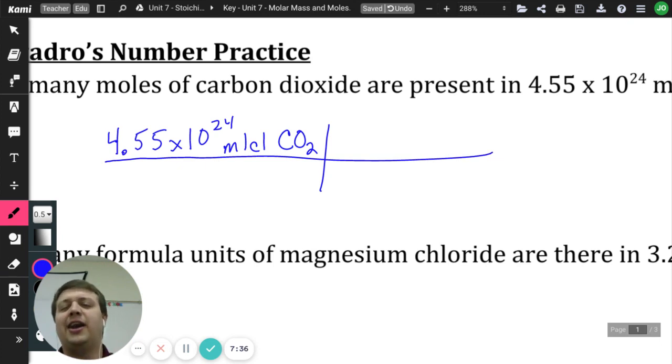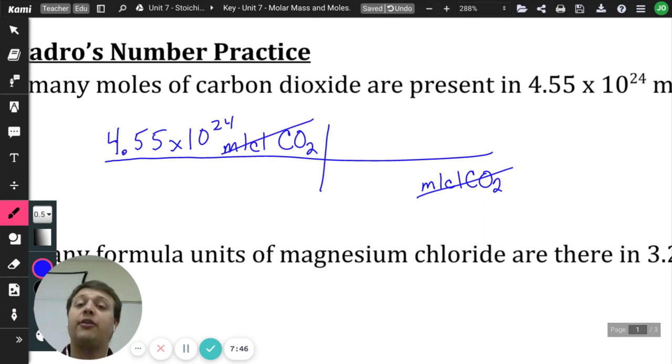That's when we kind of talk about it as being stoichiometry. So here I've got molecules of CO2. Remember, we dropped that down so we can cancel out that unit. Why? Because we're not solving for molecules. We're solving for moles. Okay, so I'm trying to get out of molecules and into moles.